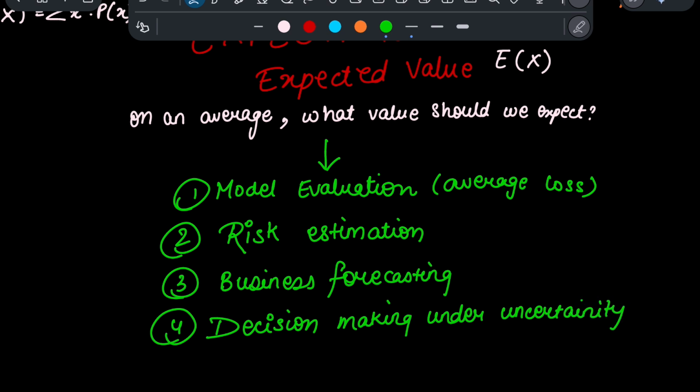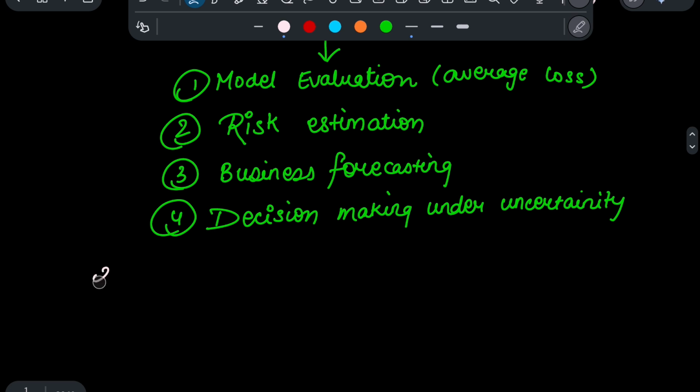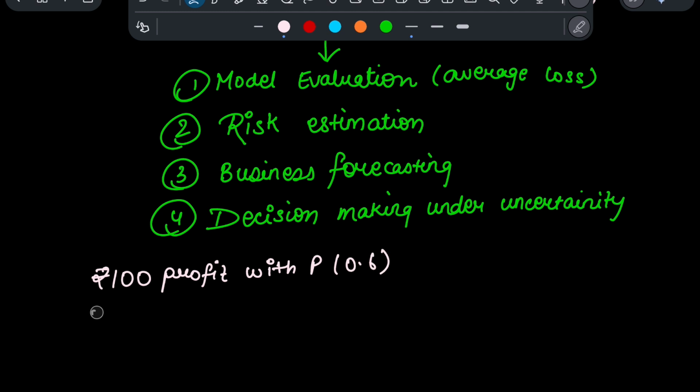For example, a marketing campaign gives 100 rupees profit with probability 0.6 and 50 rupees loss with probability 0.4.